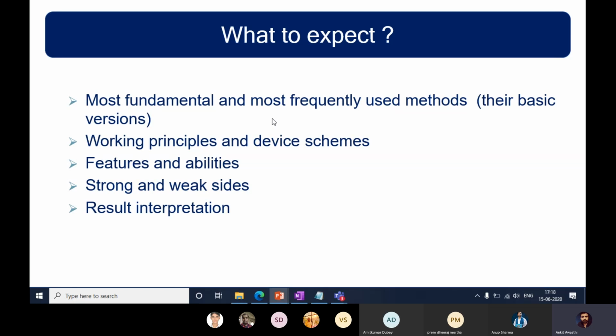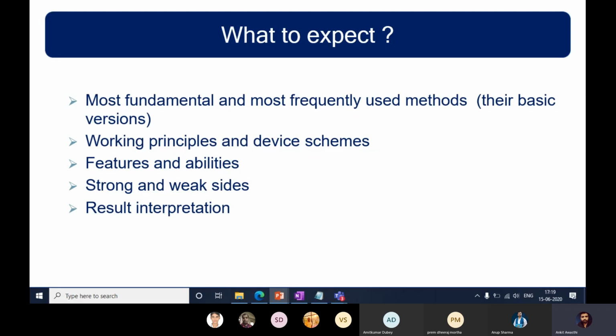In this course, what we are trying to cover are the most fundamental and most frequently used methods. There are some methods used most frequently, and from those techniques, other techniques develop.